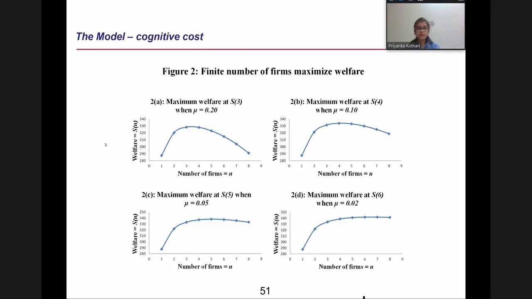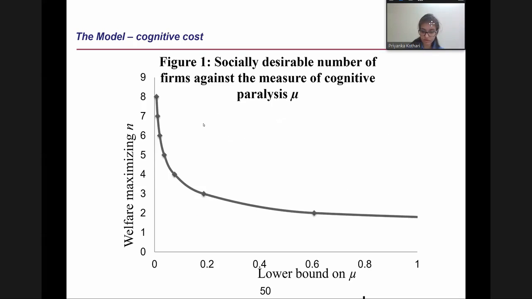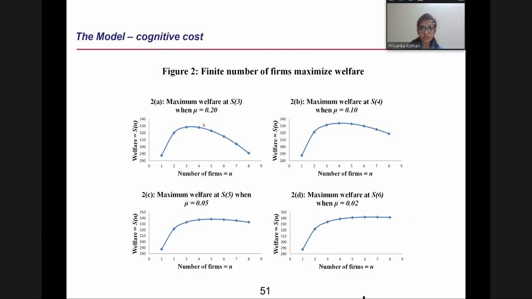And in this figure, you can see that when mu is 0.2, the welfare maximizing number of firms is 3. When mu decreases, the welfare maximizing number of firms increases. So in the 2D panel, we can see that when mu is 0.02, the welfare maximizing number of firms is 6.